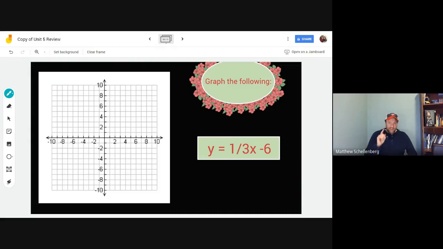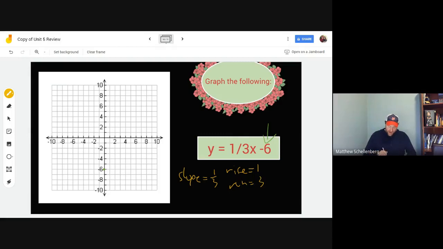One more. Again, try this on your own. See if you can do it without my help. Go. All right, here we go. Start with the y-intercept. As always, this right here is minus 6, so that point is right down here. Now we have the slope. The slope equals 1 over 3. And so that means the rise is 1 and the run is 3.